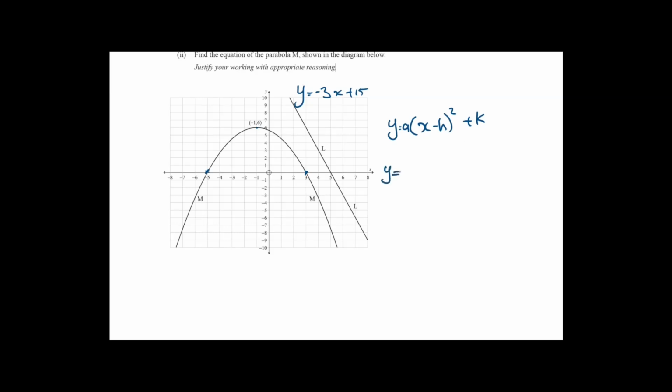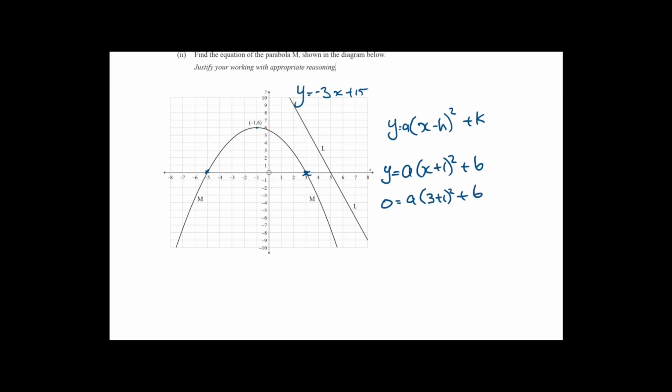So y is going to be equal to some a times x plus 1 squared plus 6, and now we need to find out what a is, and we would do that by taking one of these points. So x equals 3 and y equals 0, so 0 equals a times 3 plus 1 squared plus 6, and then solving for a.